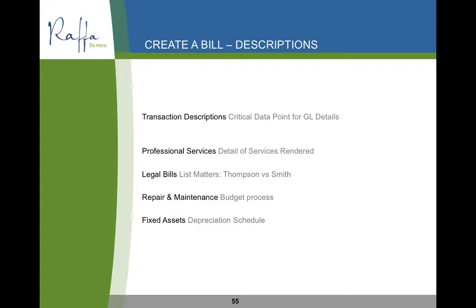One of their primary resources will be the GL, legal expenses, and the details that you extract from the attorney's invoice and update in the line item detail. So let's use, for example, we have more than one matter. Each matter should be separated on the attorney's billing, and there should be a status update of what occurred in the current billing cycle.